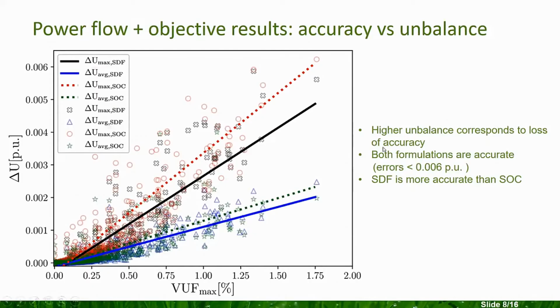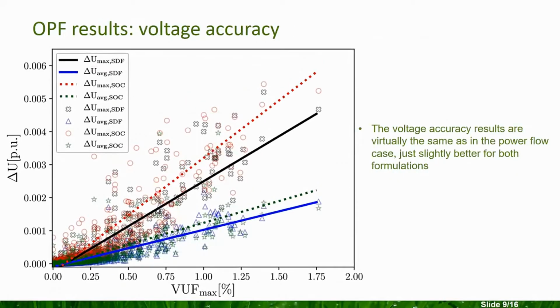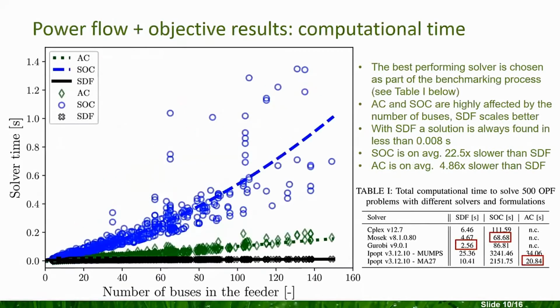However, both formulations are very accurate as the errors are always below 0.006 per unit. In the OPF case, the results are even a bit better, but they're virtually the same as the power flow case. So yeah, they're absolutely comparable.